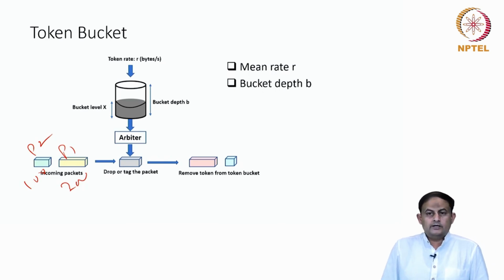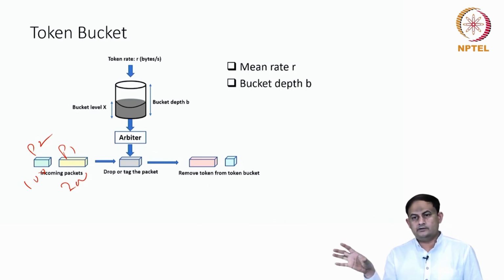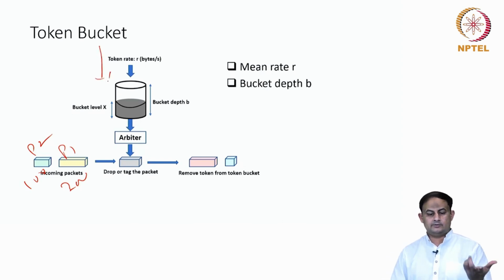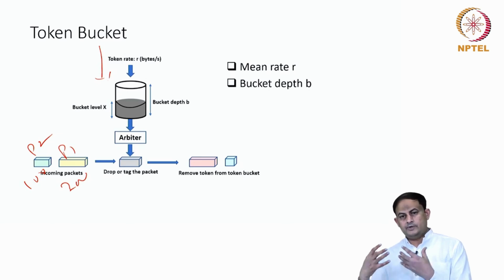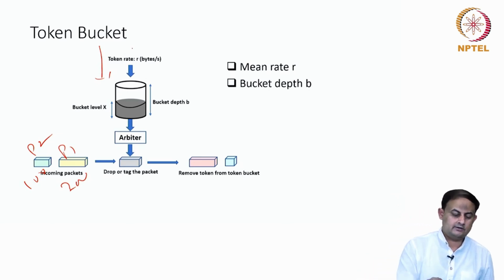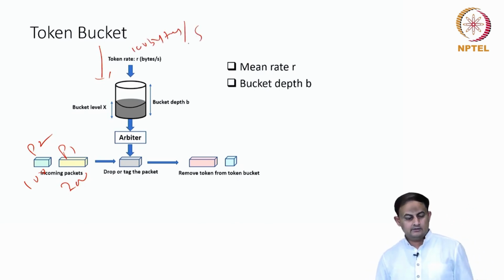The way the token bucket works is, at a constant rate I want to transmit certain traffic, and I am going to generate something called a token per unit of time. This has a fixed size quantity. Let us say I am going to generate 100 bytes worth of tokens per second.